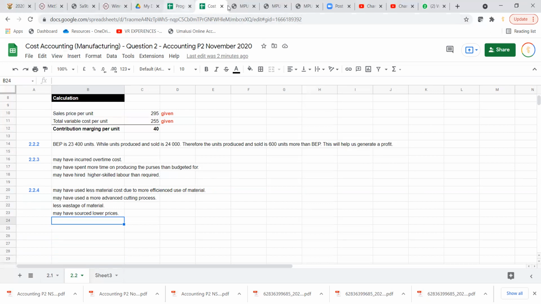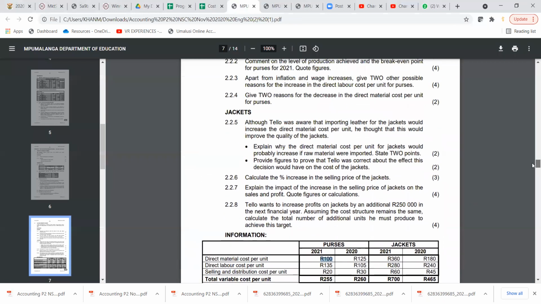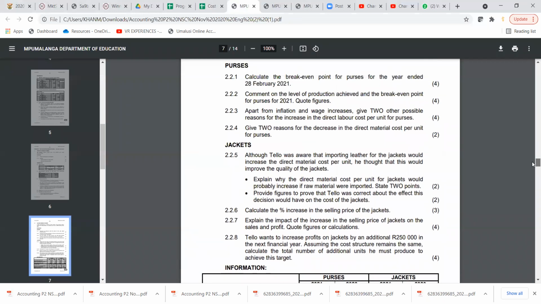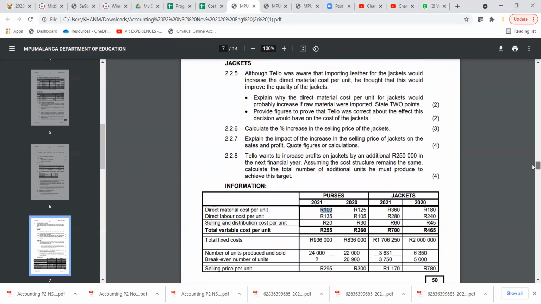So that was 2.2.4. Okay, so that comes in when it comes to purses. Now we can deal with jackets. For jackets, they say, although Tello was aware that importing leather for the jackets would increase the direct material cost per unit, he thought that this would improve the quality of the jackets.